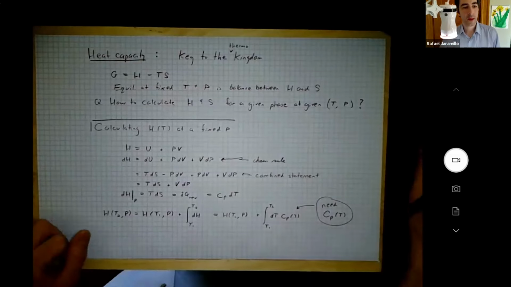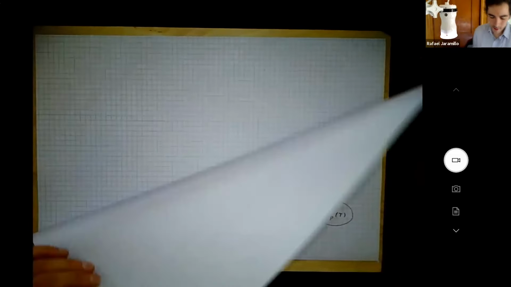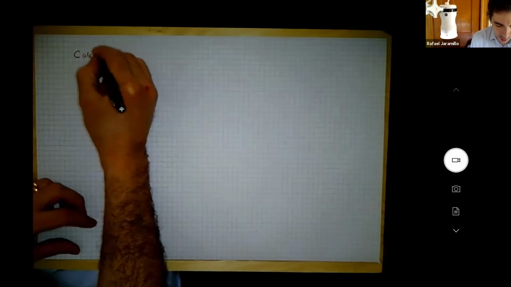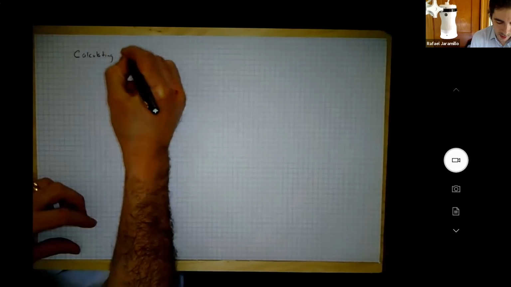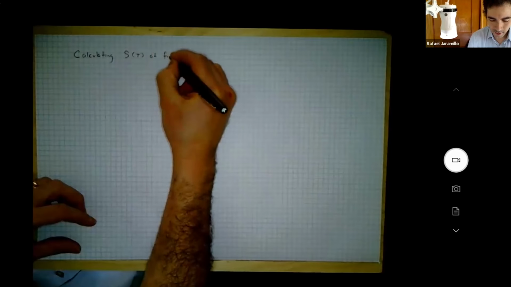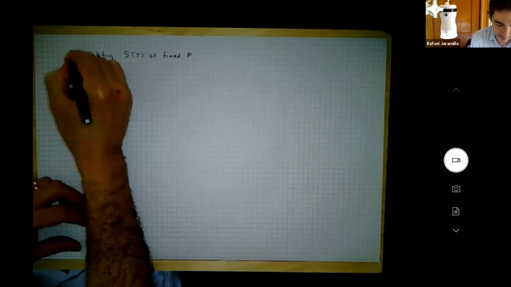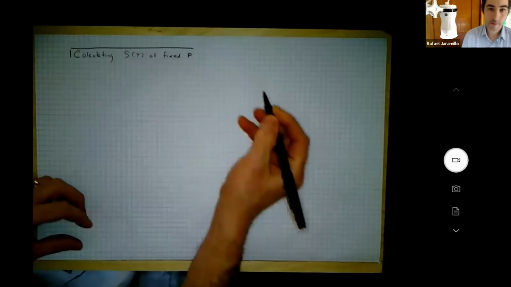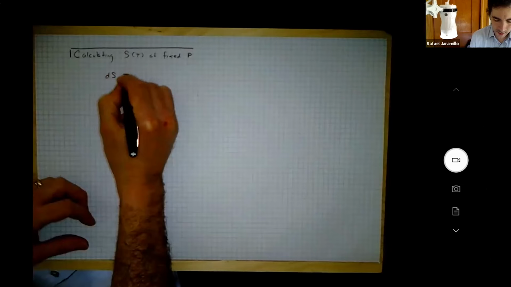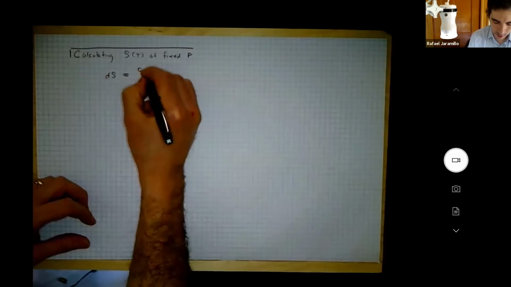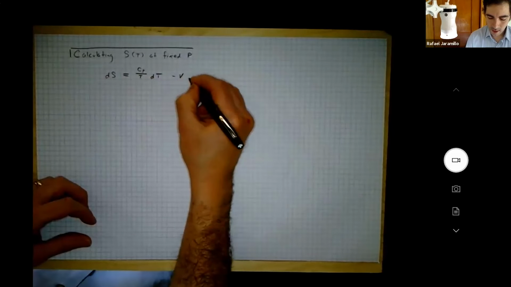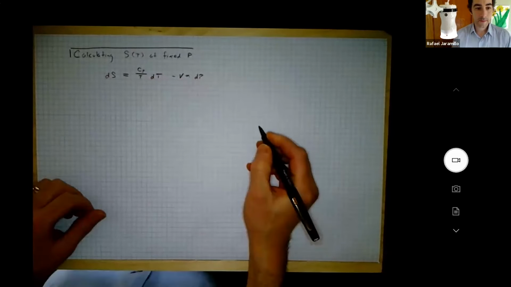What about entropy? Calculating S at T for fixed pressure. All right. dS equals Cp over T dT minus V alpha dP.